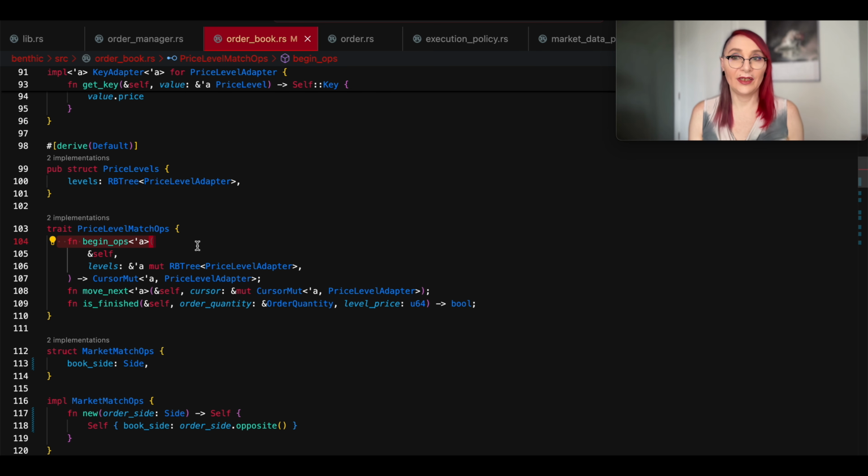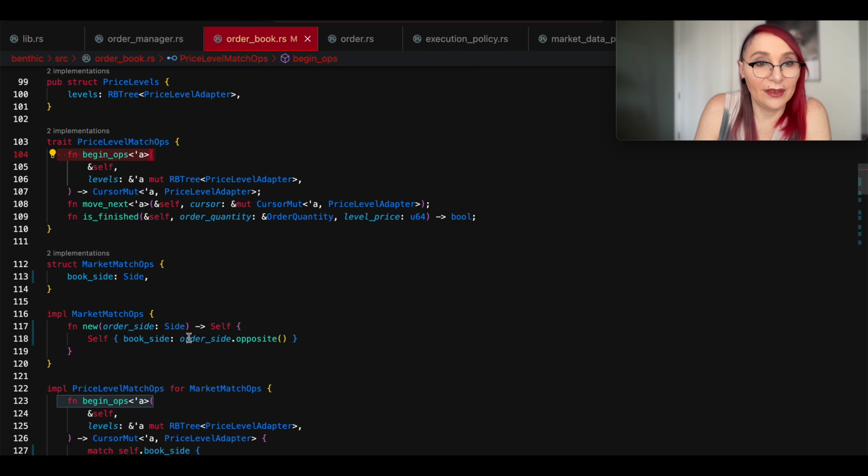Because when you look at the sides, the bid side starts from the lowest price, goes to the highest price, and it is the highest price that's the top of the book for the bid side. So that's the end, that's the back of this arbitrary. But then for the ask side, also the prices go up because arbitrary is sorting them upwards. So the top of the book is the lowest price, right? So for the ask side, it is the front of the arbitrary.